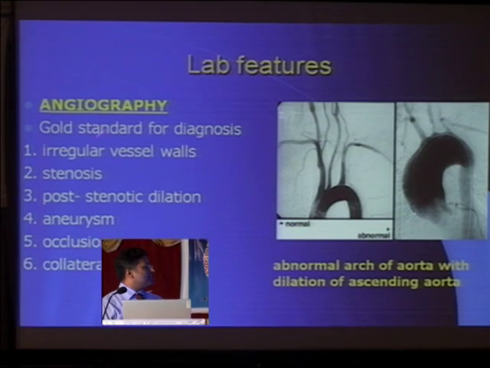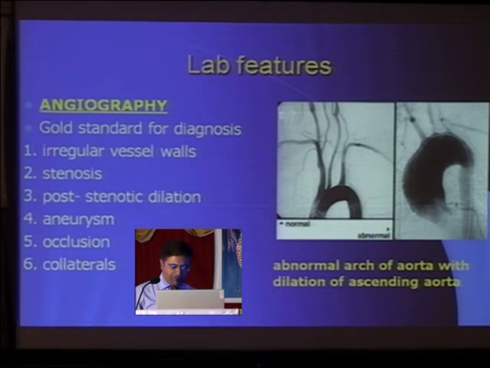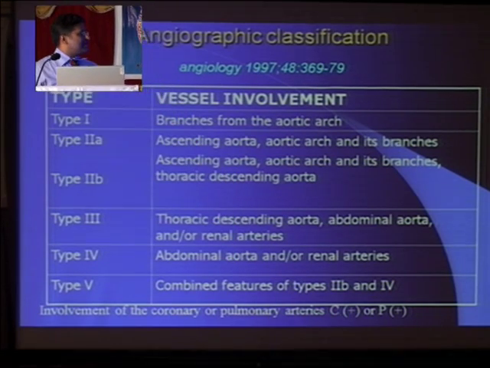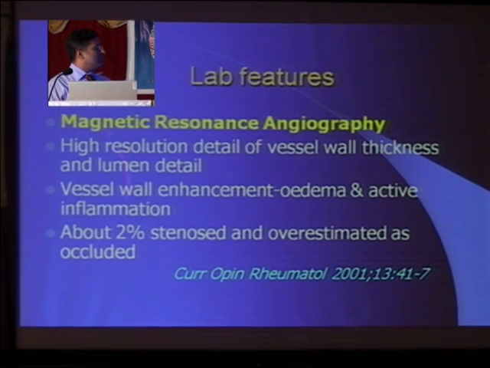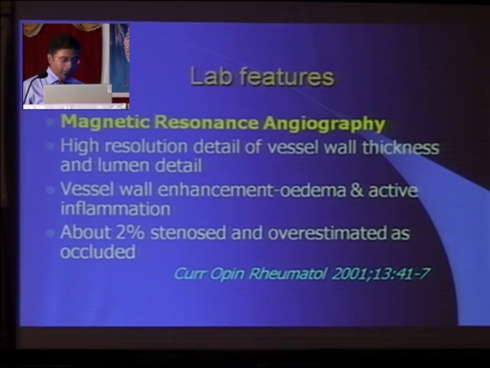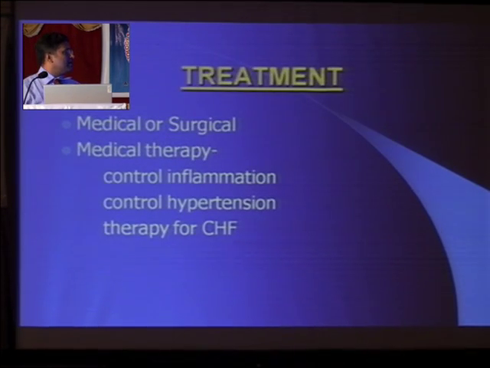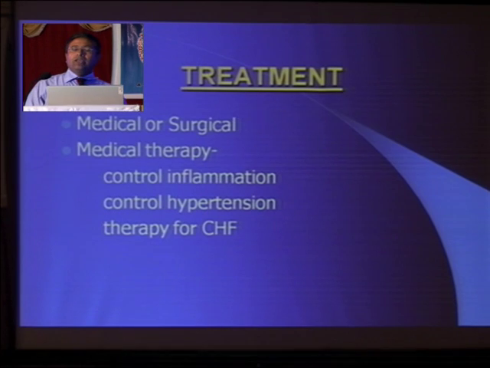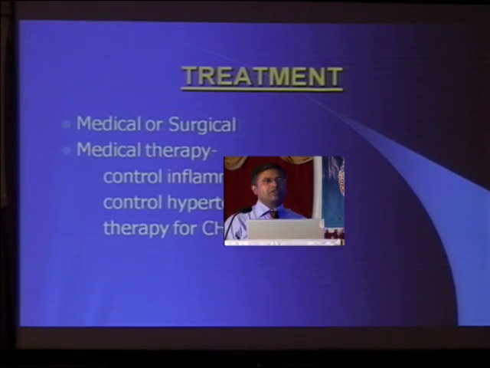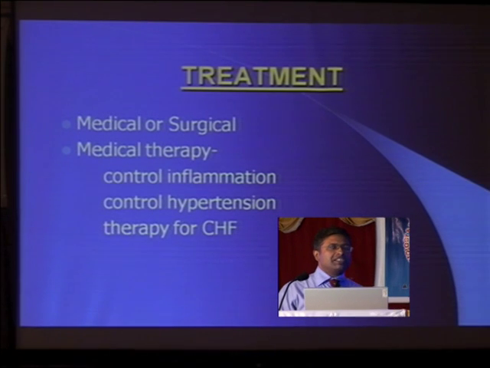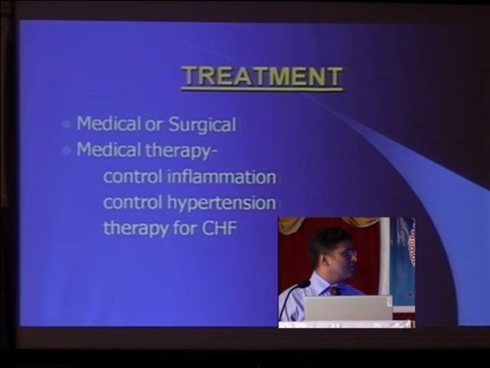You do an angiography, you confirm your diagnosis, then depending upon the type of involvement you classify it, and instead of a conventional angiography, nowadays MR angiography has been found to be equally good if not better. But finally you have to decide, what am I going to treat? Am I going to give medical therapy or surgical therapy? And again, your CRP and ESR may not be very useful because after all it's just a blood vessel which is inflamed, and it will be very difficult to say.